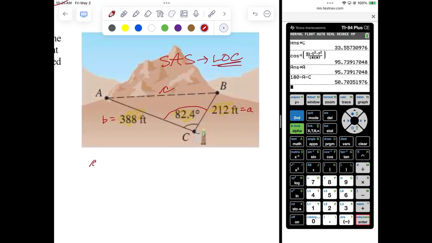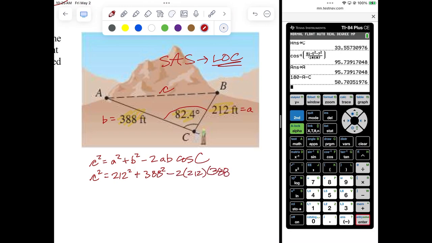We're going to have c squared equals a squared plus b squared minus 2ab times cosine of angle C. Let's plug in. C squared is going to equal a, which is 212 squared, plus b, which is 388 squared, minus 2 times 212 times 388 times cosine of the included angle, which is 82.4 degrees.